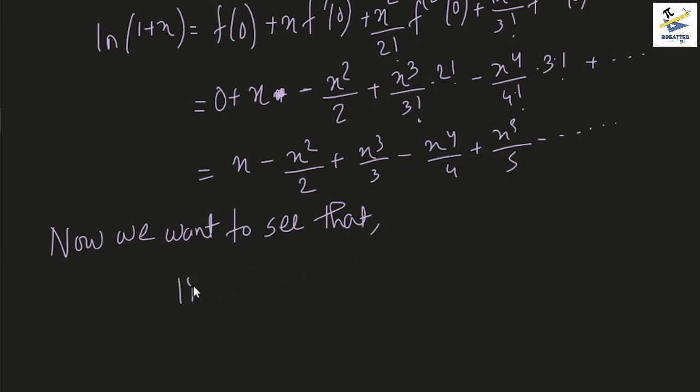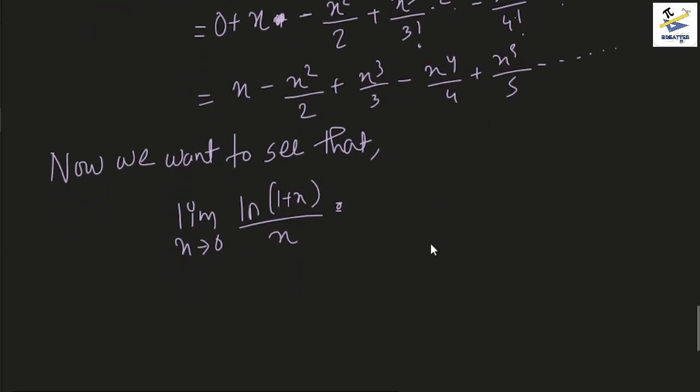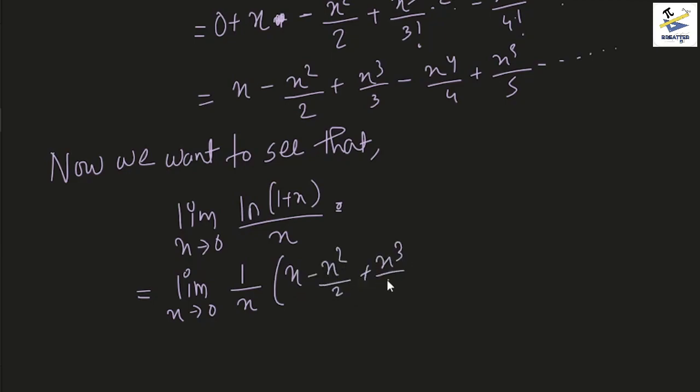In the limiting case we were trying to prove that the limit as x tends to 0 of ln of 1 plus x by x, right? Now let us write it under, because the series could be a long shot, so we can use the series definition here and write it as 1 by x into (x minus x square by 2 plus x cube by 3 minus x to the power 4 by 4 and so on).